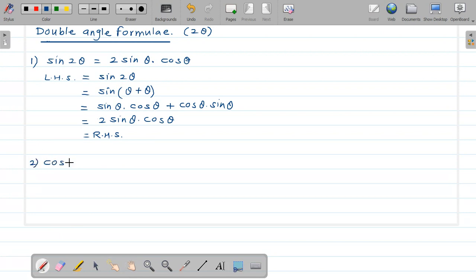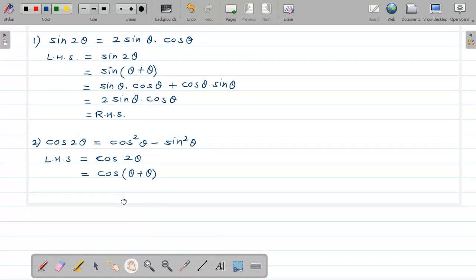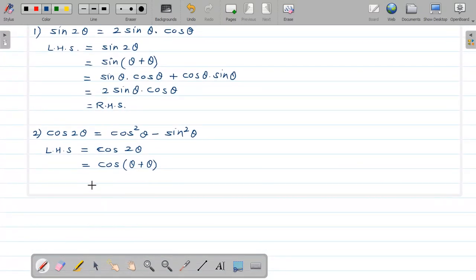Now the second one. The next formula is cos 2 theta. Now cos 2 theta is equal to cos square theta minus sine square theta. This is the formula. Now again, if you want to prove this, then see the LHS. Just take the LHS, that is cos 2 theta, and again you express this cos 2 theta as cos of theta plus theta. Same technique. And here we are going to use the cos A plus B formula. We know that cos A plus B means what?